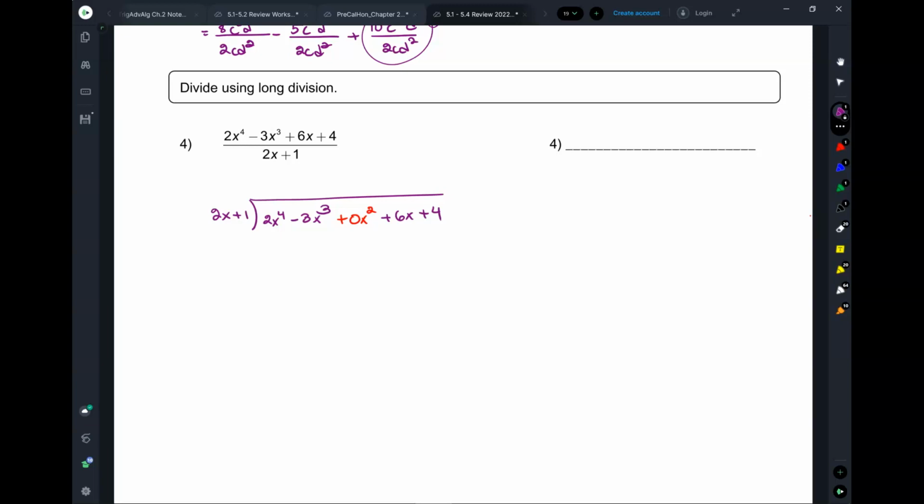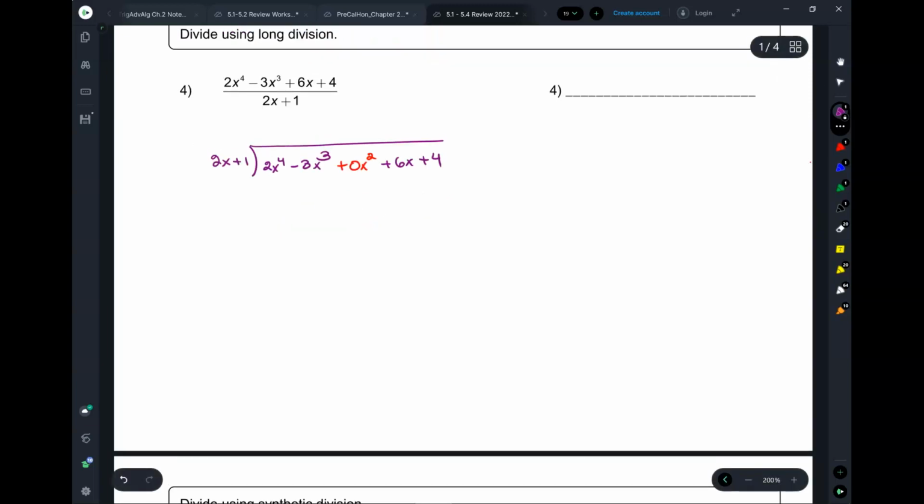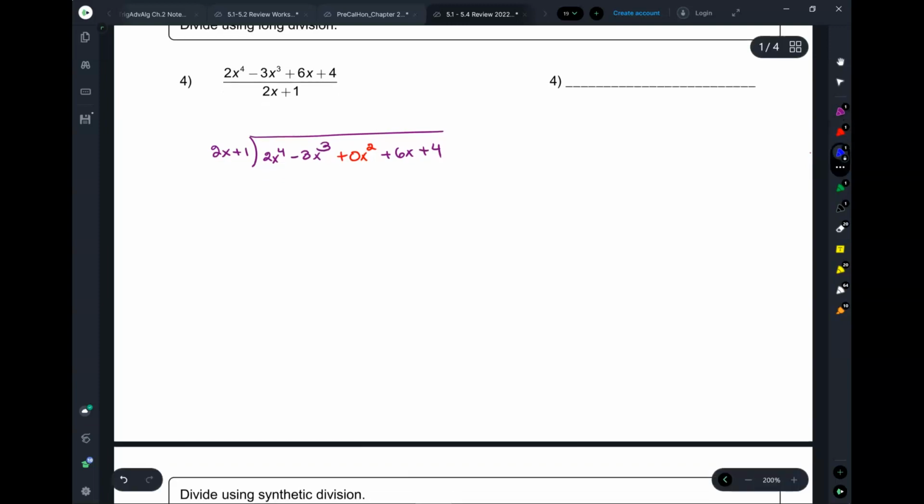Okay? Yes? Okay. So now, what do we do? First term divided by first term. What do we get? X to the third. And now multiply all of 2x plus 1 with that. So 2x to the 4 plus x cubed. And what's the thing? Change the sign and combine, right?